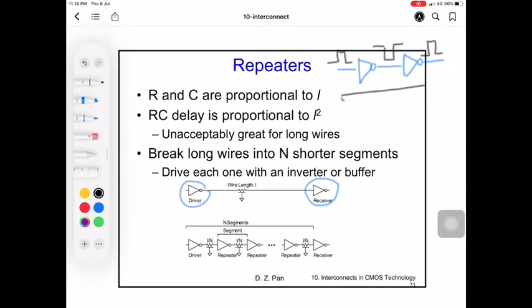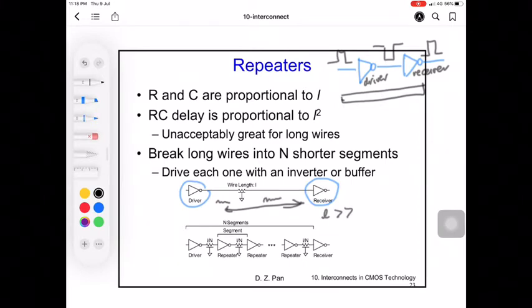So this is for a long wire. You add a driver, this is the driver, and this is the receiver. But if the wire is too long, then your signal here might be distorted because your output here is too small.